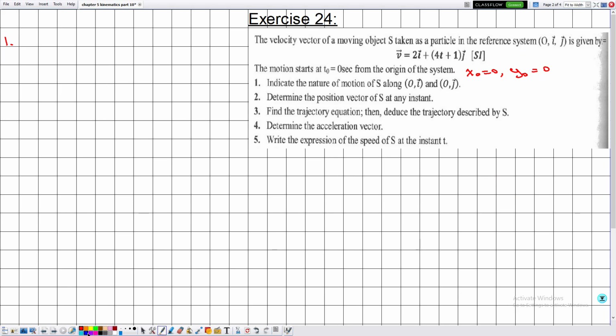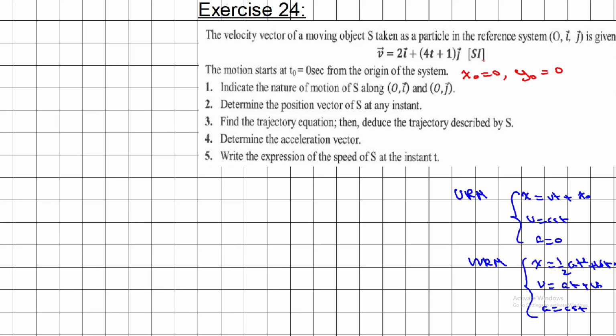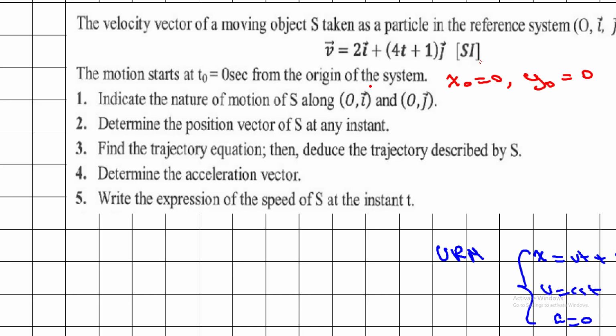So let me write here on the scratch the equations of URM and UVRM. Now let's start by specifying the type of motion along OI, which represents the x-axis. So notice that unit vectors always describe the axis, describing the line of action and direction.